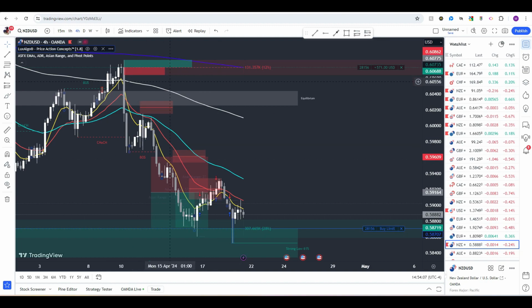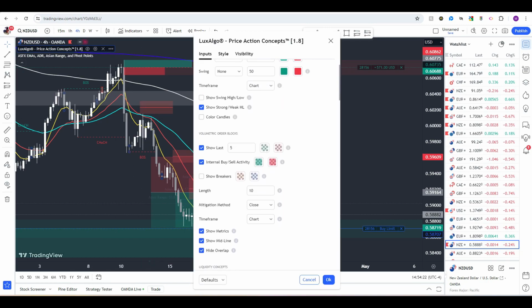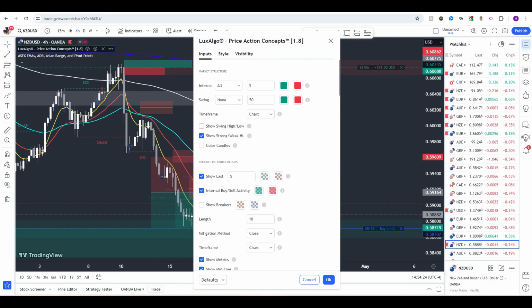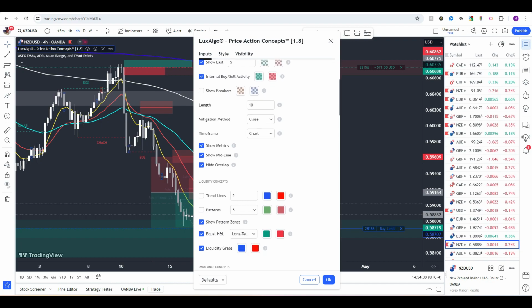But one thing I've noticed on the site is they never really properly give you a preferable setting to use, so you basically have to tweak the settings. This is my setting right now. For market internals, I have a 5 or so, and then a length of 10 for order blocks, because I want strong turning points.